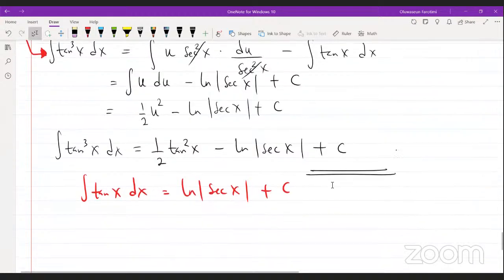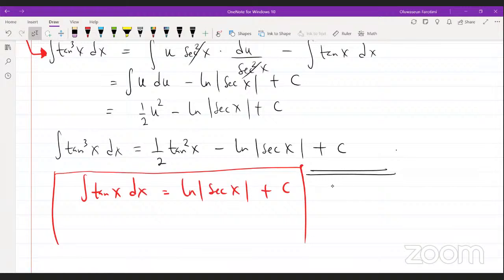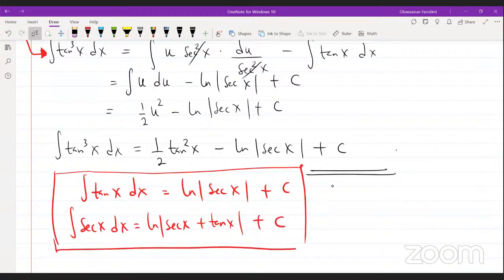And then when you integrate secant, so let me just box this out, it gives you ln of secant of x plus tan of x plus c. So you might definitely need these at some point.